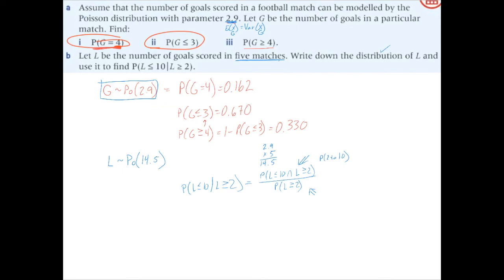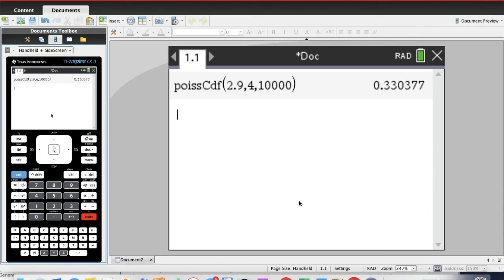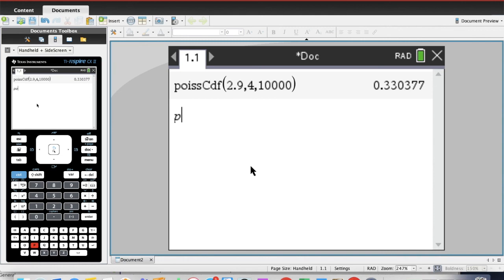We're going to go back over to the calculator and see what we can find. We go Poisson CDF. Again, notice that it goes away. This time my parameter was 14.5, and the first thing I wanted was everything from 2 to 10.